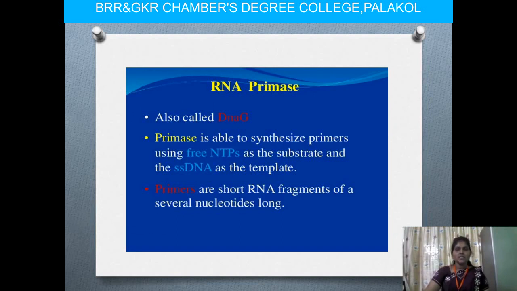It is used for the synthesis of primers during the replication process by using free NTPs, and it will use double stranded DNAs as the substrate, as the templates. Primers are short fragments of several nucleotides along. So it is useful for the production of the long DNA strand.